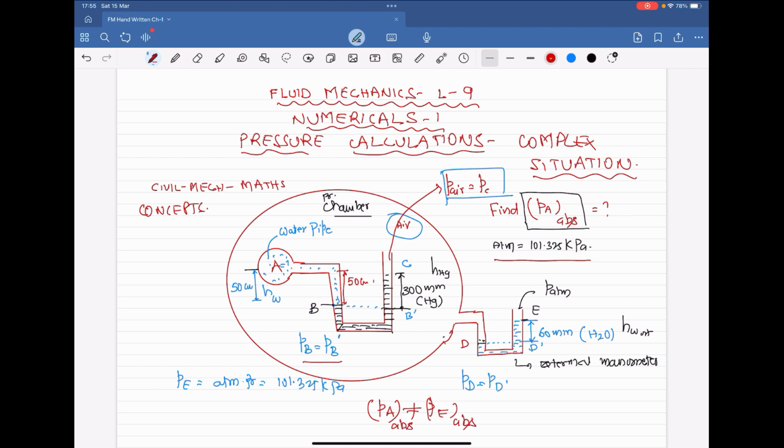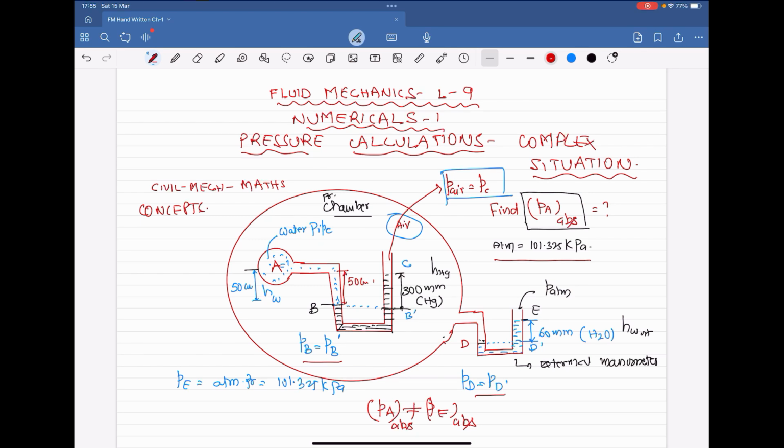Pressure at D is the same as pressure at D dash. And pressure at D dash is equal to pressure at E plus water column height. For that we will go next.